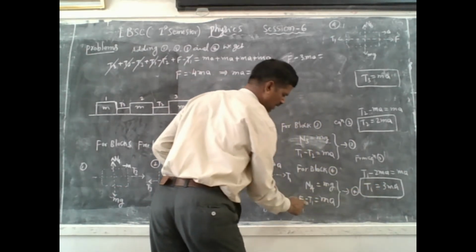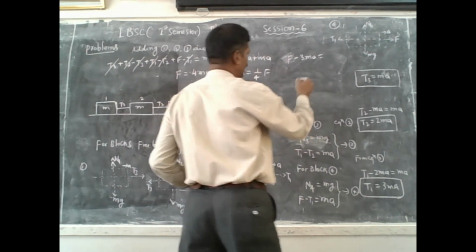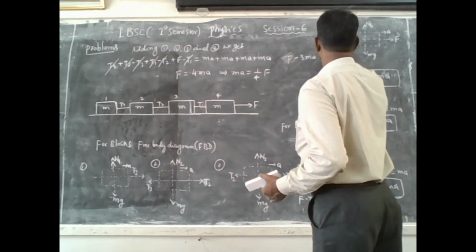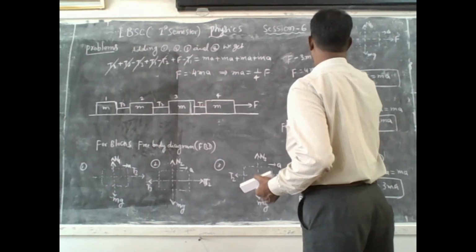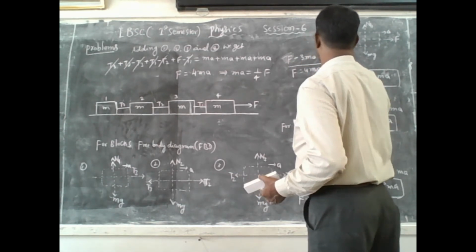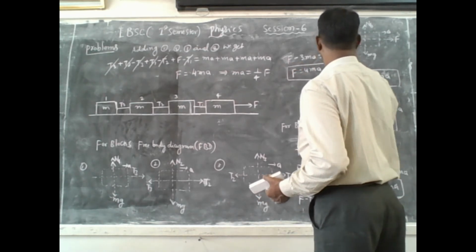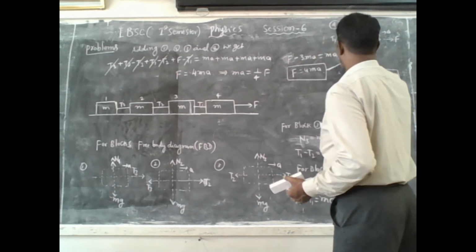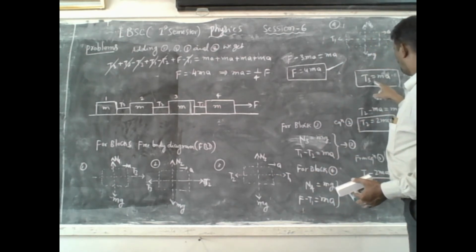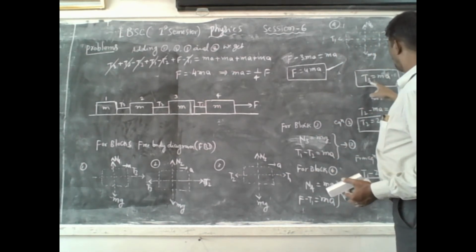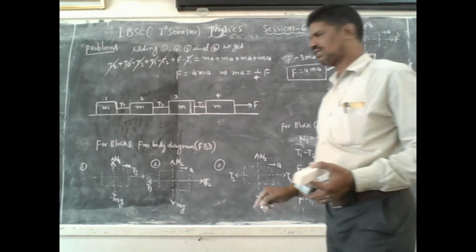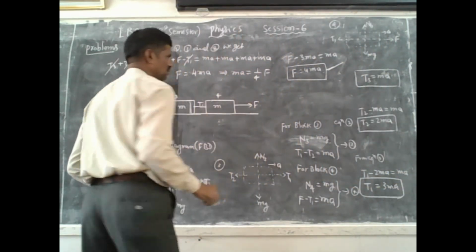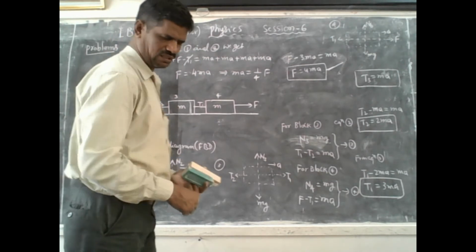Therefore, F minus 3MA is equal to MA, or F equals 4MA, isn't it? So this force is required to pull the blocks. And here T3 is equal to MA, T2 is equal to 2MA, T1 is equal to 3MA. So these are the complete solutions of the equation, isn't it?